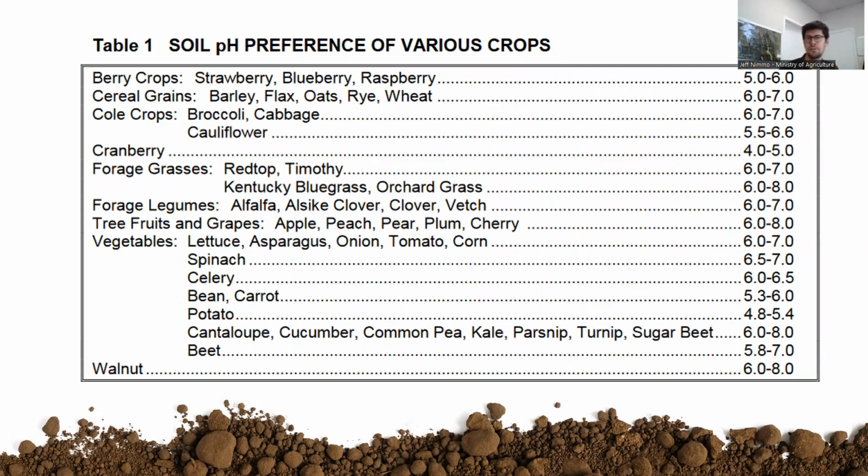This is a reference from one of the BC production guides. Actually, I believe it's from one of our pH fact sheets, and it highlights the different ranges that different crops like to exist within for soil pH. If your soil pH starts to get really out of whack, for example dropping because you've been using nitrogen fertilizers for a long time, if they're urea based or ammonium based, it can gradually affect soil pH over time.